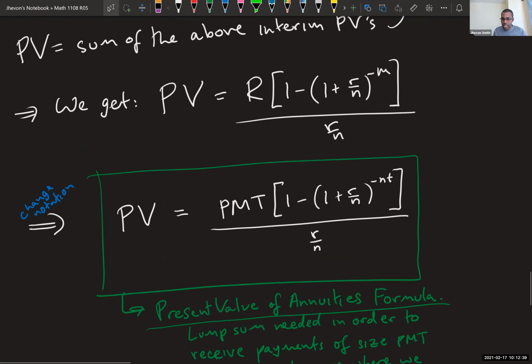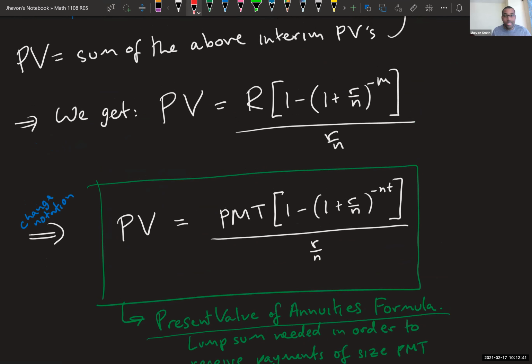But one thing I do want to note, because this literally even happens to me. A very common mistake when using this formula, I want you guys to watch out for, is to note that negative sign on the power. If you forget it, you're going to be wrong by a lot. You might even get a negative answer, right? Which isn't going to make sense in most contexts.